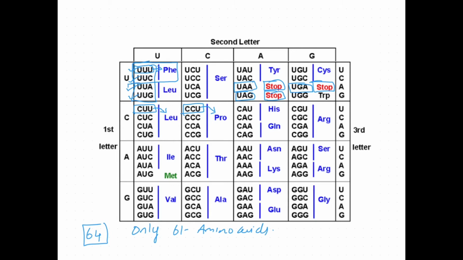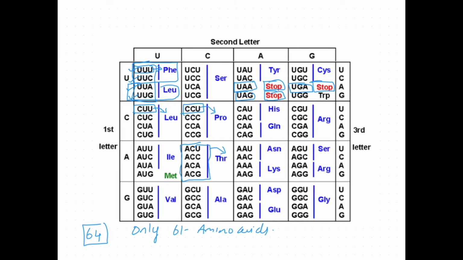The other 2 combinations represent another amino acid. In some cases you can see 4 combinations, and all the 4 combinations represent one amino acid. So this says that more than one codon represents a single amino acid.